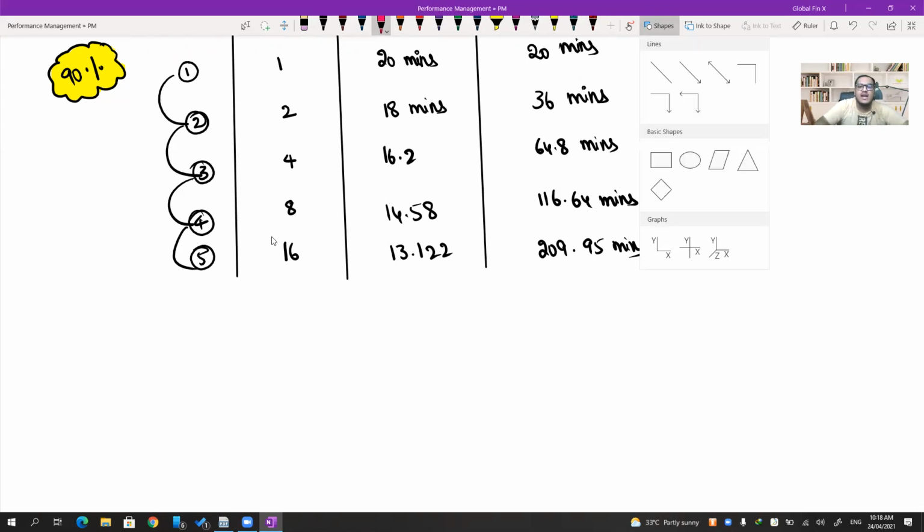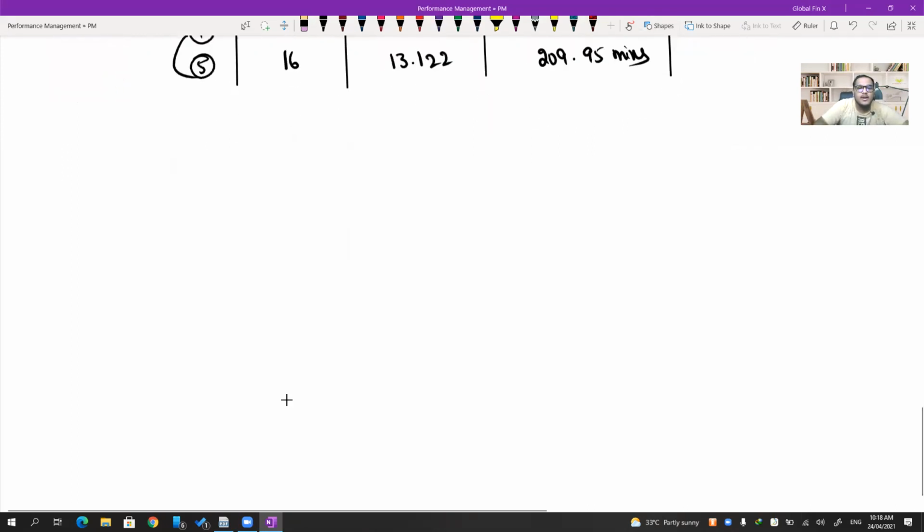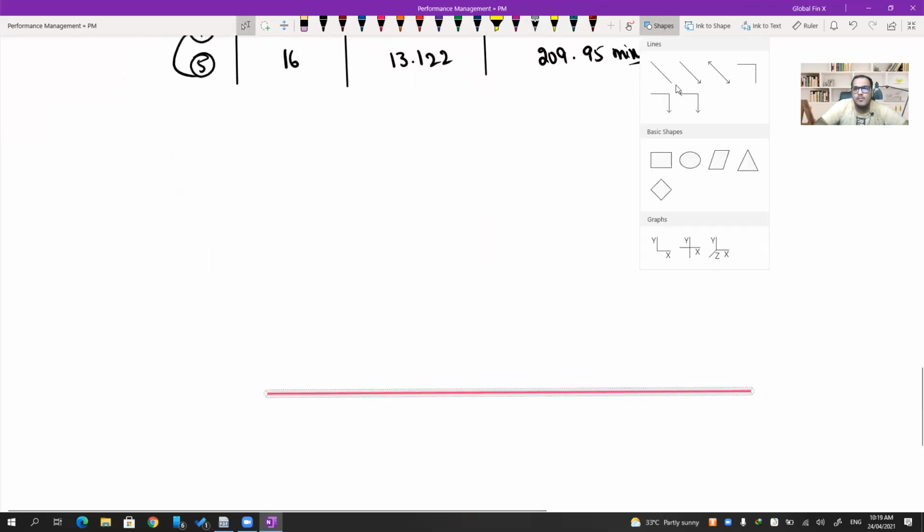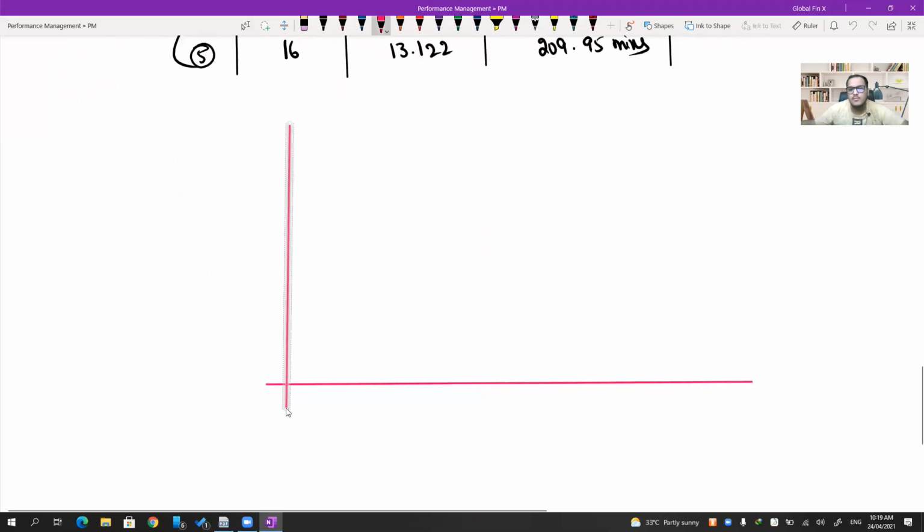So if I put it as a graph, I'll take number of units on the x-axis and time taken on the y-axis. The first unit takes more time. As you keep on producing, the average time per unit will come down, come down, come down.